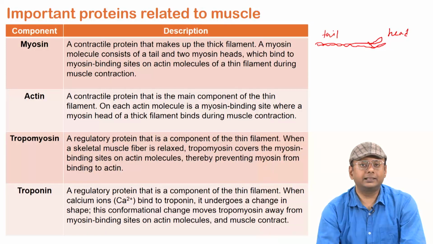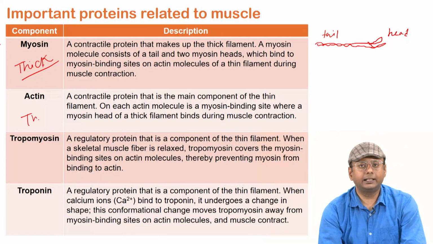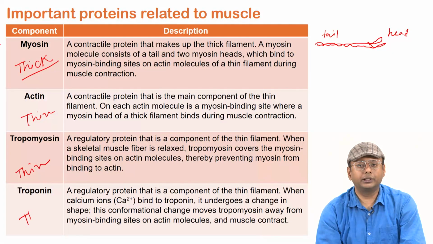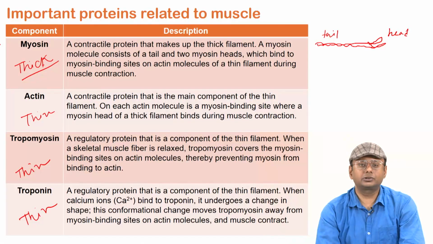As we said, in the case of the thin filament there are three proteins. Myosin is present in the thick filament, and actin, tropomyosin and troponin are present in the thin filament. Actin is also a contractile protein, the primary protein present in the thin filament. On each actin molecule there is a myosin binding site.